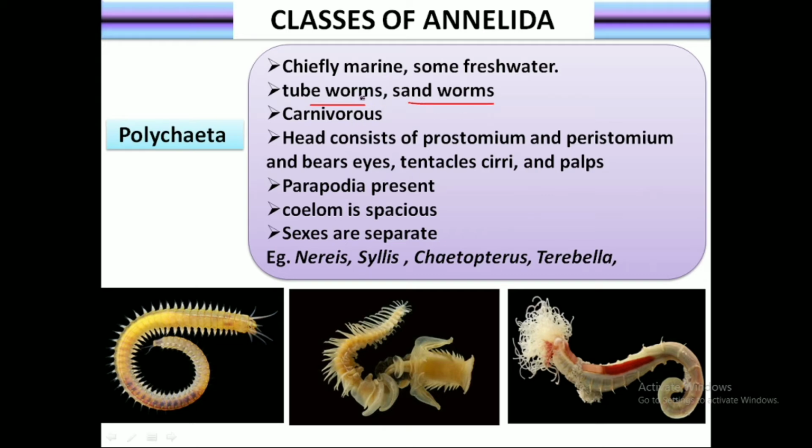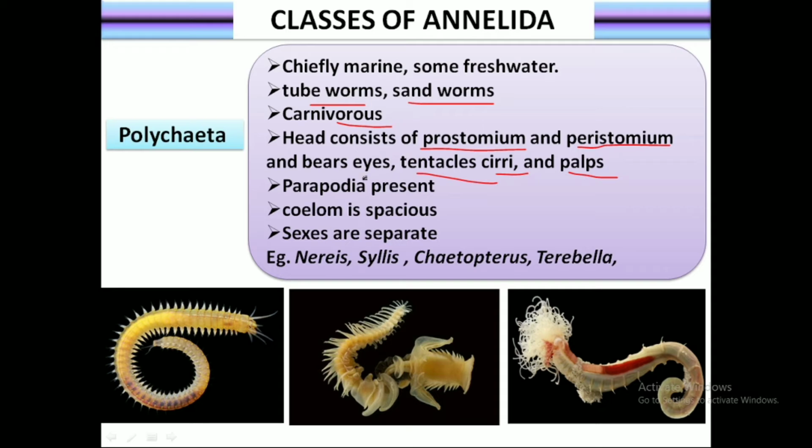Now, these species are carnivorous in their lifestyle, and their head is very prominent with the help of the prostomium as well as the peristomium. In these species, the sensory organs are present in the form of tentacles, cirri and palps, and they do bear eyes too.